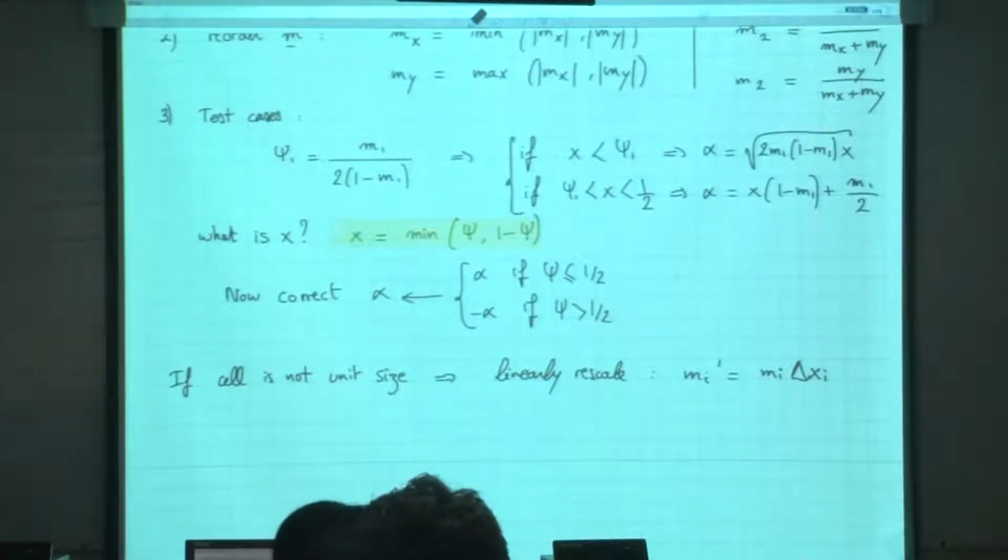There's two things that are still missing. One is the normal. How do we get our normal vector?